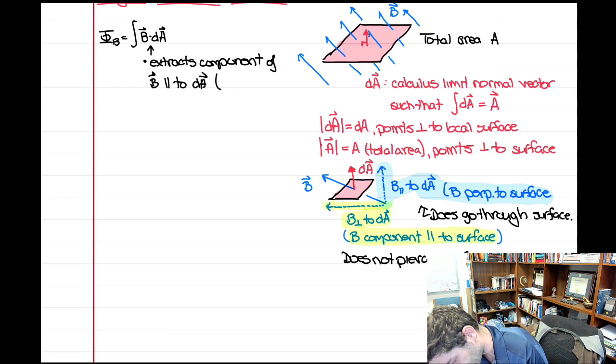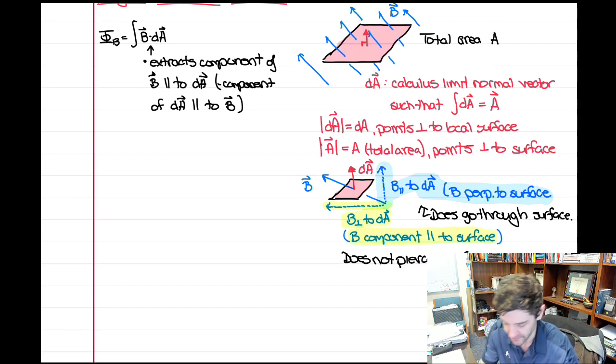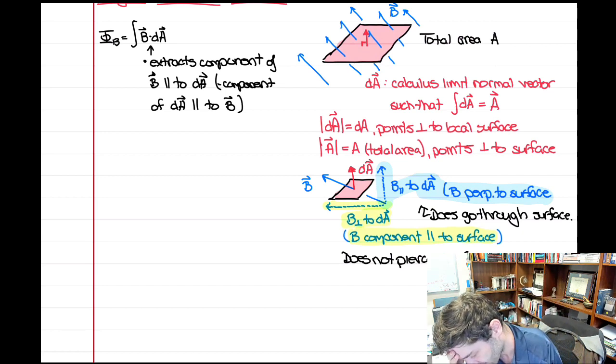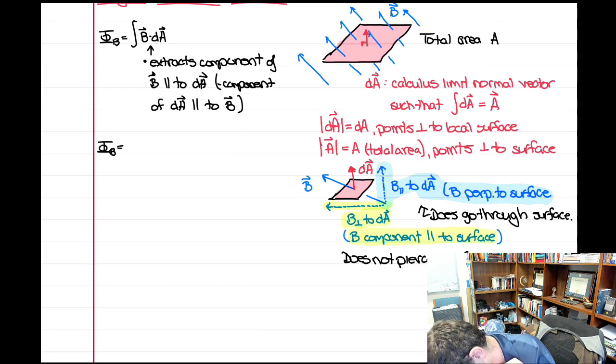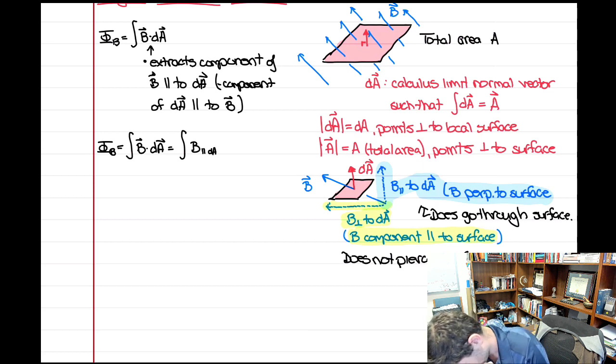Or you can think of it the other way around, where it extracts the component of dA parallel to B. Right, the dot product you can think of as pulling out the component of B parallel to A, or the component of A parallel to B. So in this case, conceptually, the magnetic flux, B dot dA, is equal to the integral of the B component parallel to dA times dA.